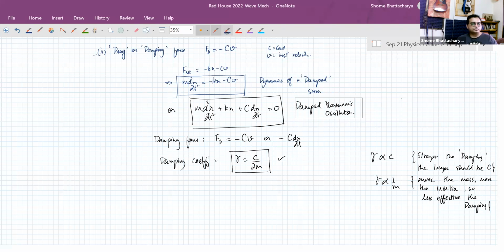Anyhow, now we'll see that this damping coefficient plays an important role, because the value of the damping coefficient determines an important thing over here.